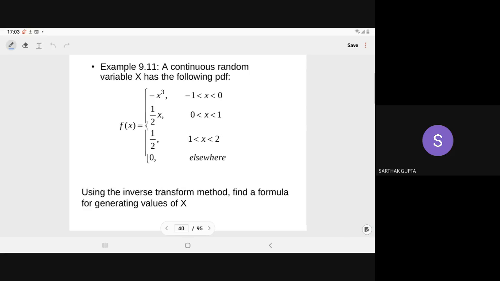So let us have this example. A continuous random variable x has the following PDF.